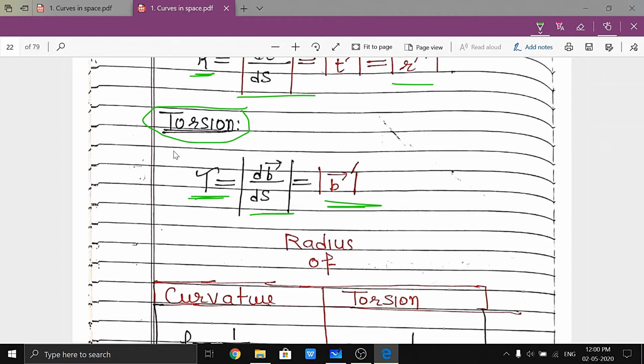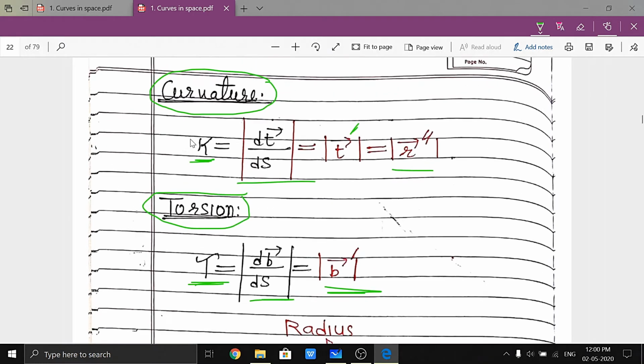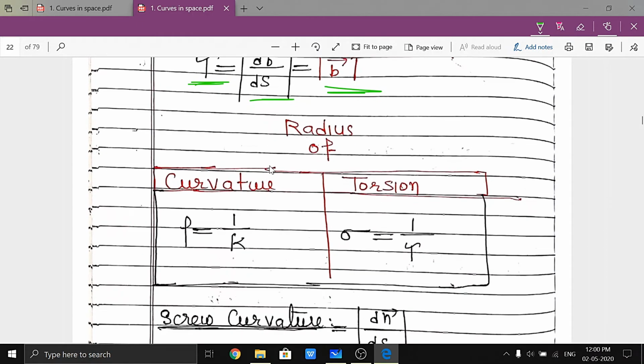Clear? So this is called torsion, and this is called curvature, and the reciprocal of curvature is called the radius of curvature, and the reciprocal of torsion is called the radius of torsion. The radius of curvature is denoted by rho, which is equal to 1 by kappa, and in the case of torsion, it is sigma.